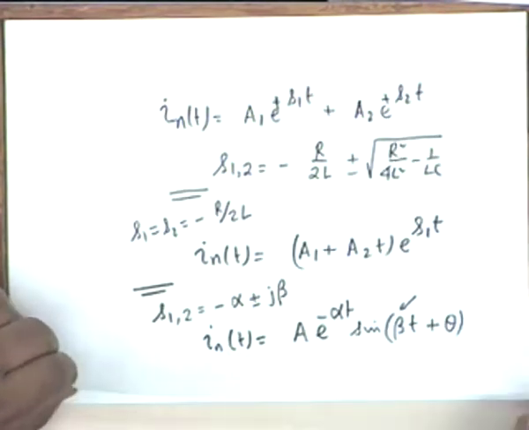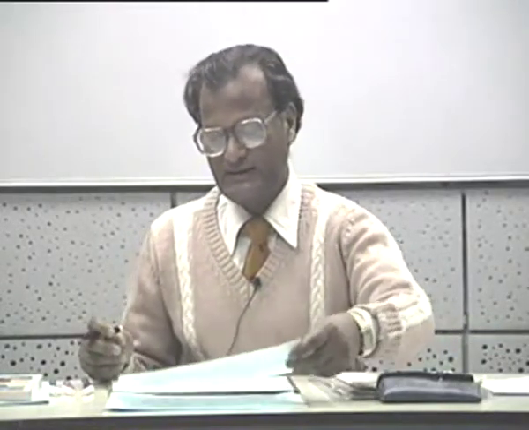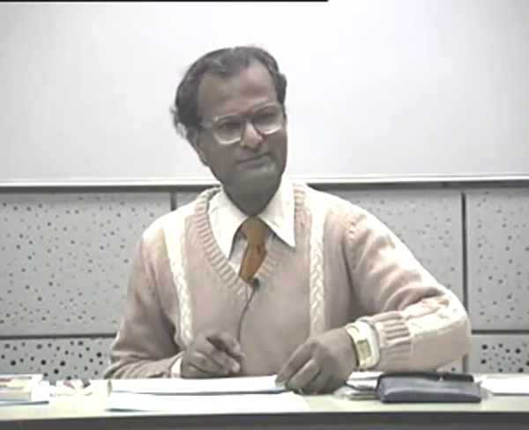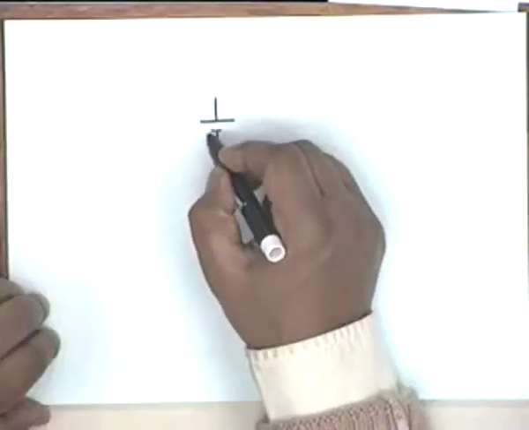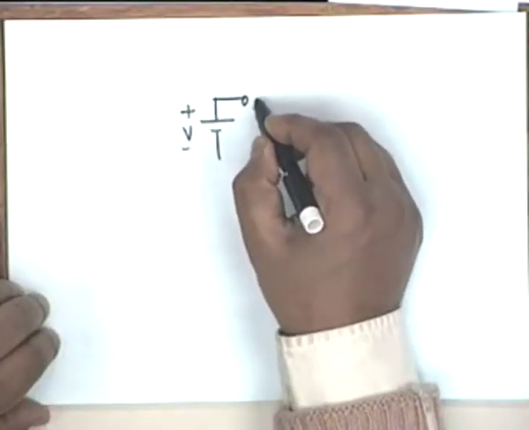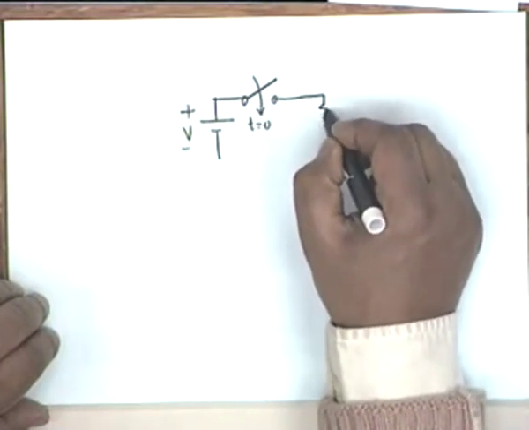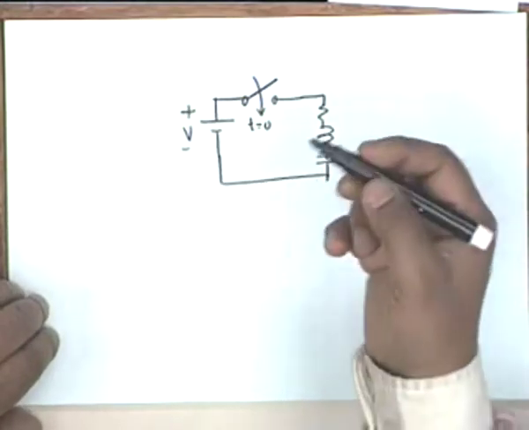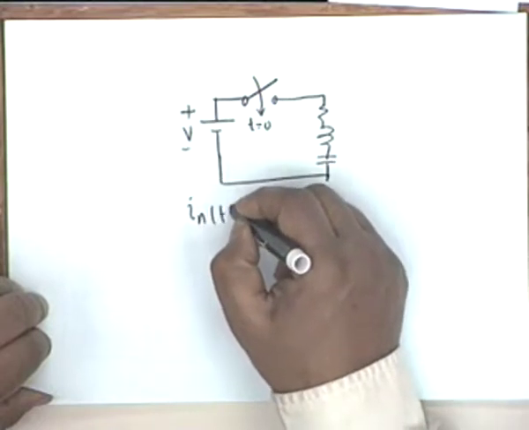All right. Now, if you go back to the circuit, what was the circuit? Have I taken it too fast? Is it okay? All right. What was the circuit? The circuit was that I had a battery of voltage V switched on at t equal to 0 to this circuit R, L and C. And we have found out the natural response i_N(t).